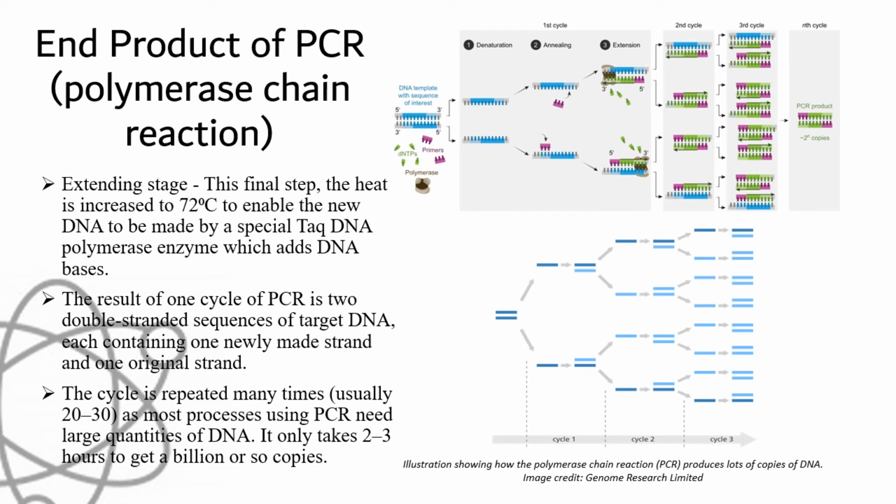The new fragments of DNA that are made during PCR also serve as templates to which the DNA polymerase enzyme can attach and start making DNA. The result is a huge number of copies of the specific DNA segment produced in a relatively short period of time.